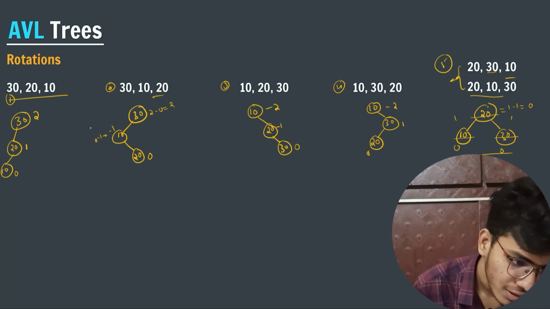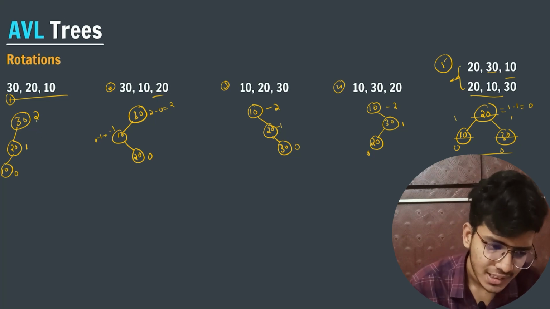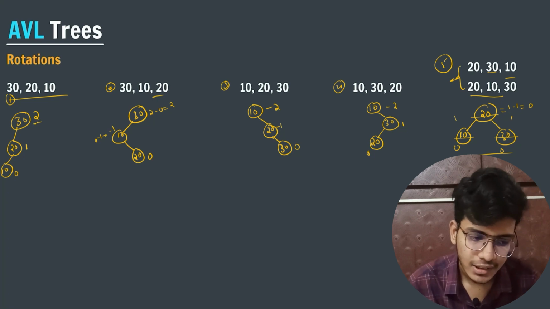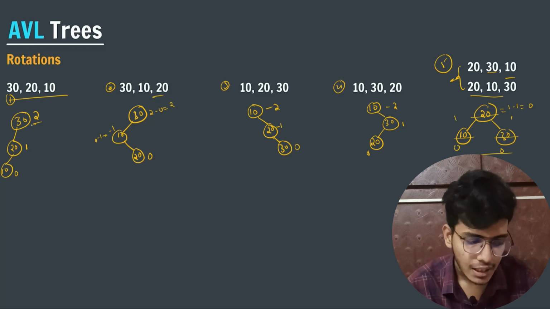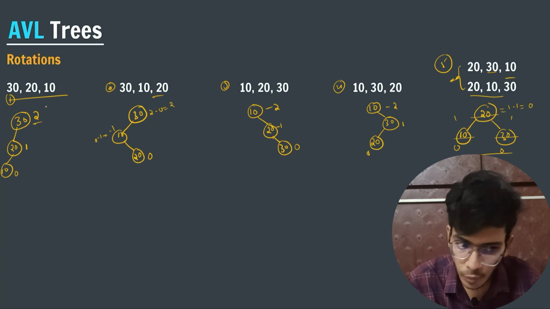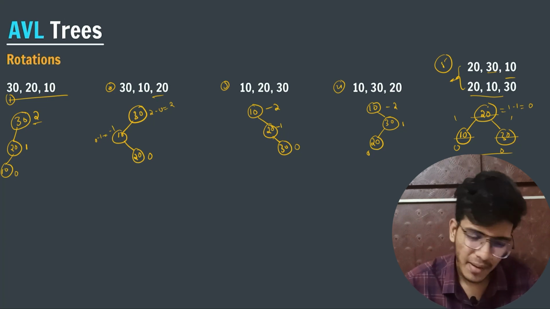Now let us talk about the first figure. So in the first figure, you can see that this is my unbalanced BST, and this is the balancing factor. Here the balancing factor is exceeding 1, it is greater than 1, and it is violating the properties of balancing factor.